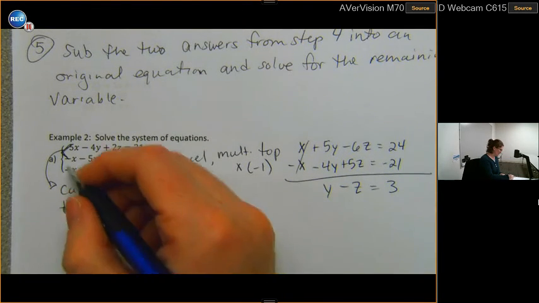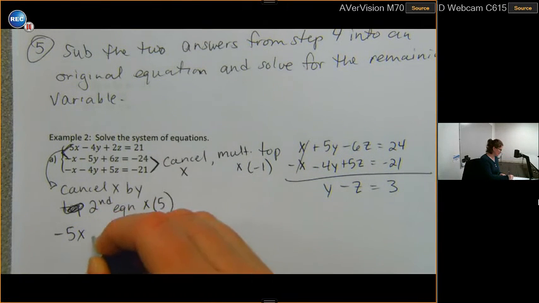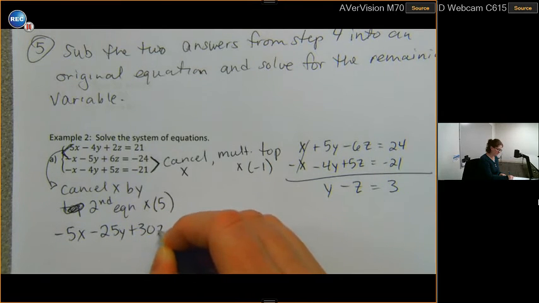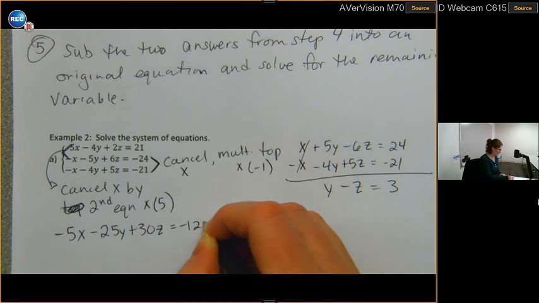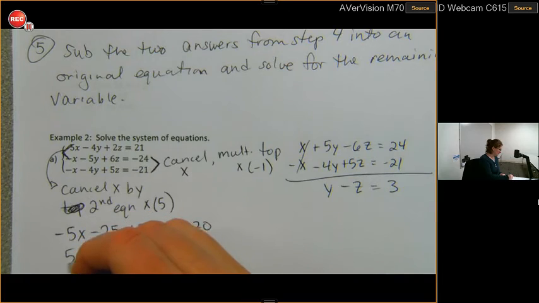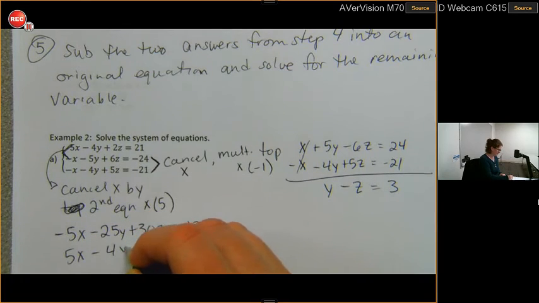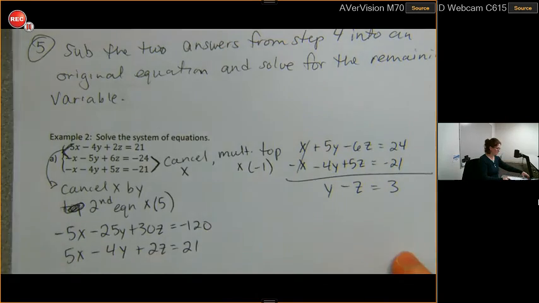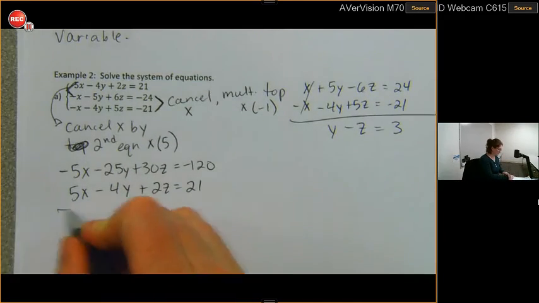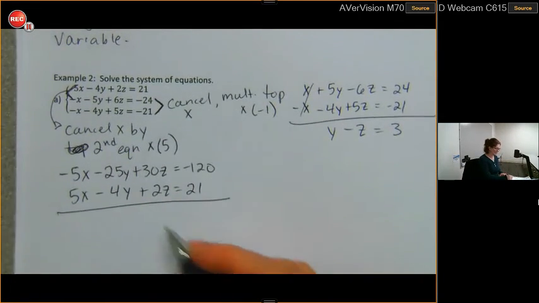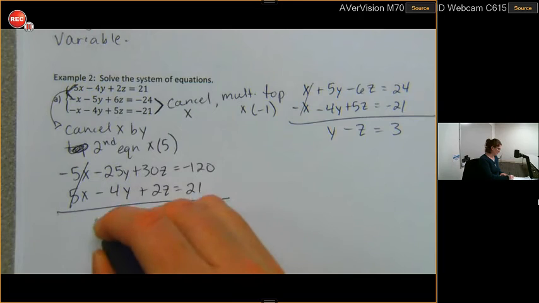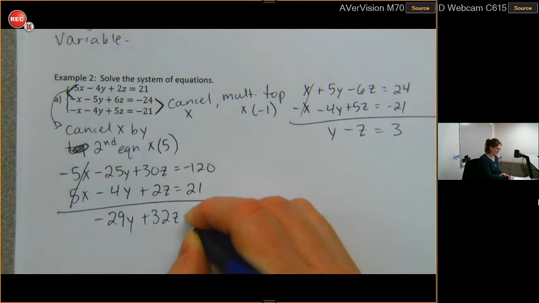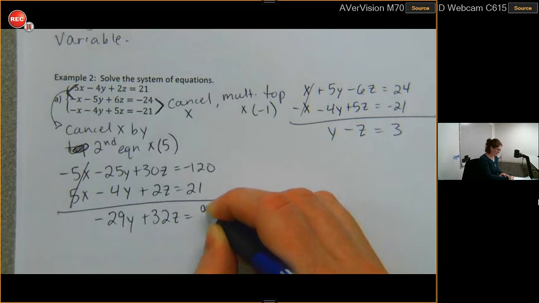So if I take that second equation times 5, and then just copy down the top equation right there with it. When I add them together, x's are out. I'm going to get negative 29y plus 32z equals negative 99.